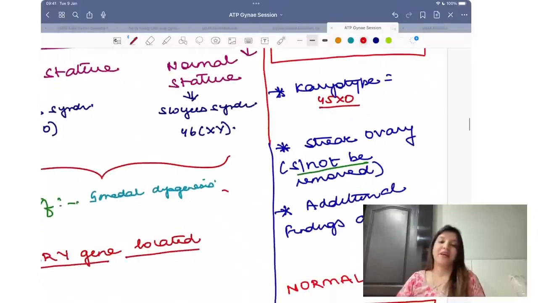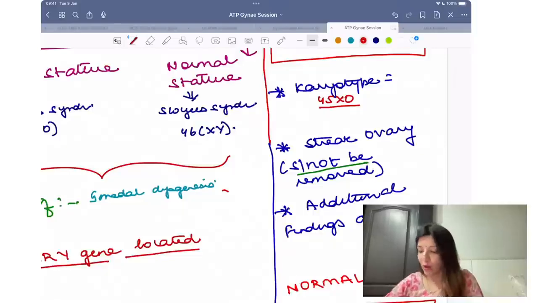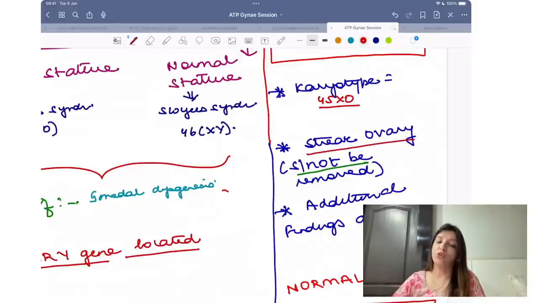Because the karyotype is 45XO, both X chromosomes are not present. Both X chromosomes are needed for proper development of the ovary. In Turner syndrome, because both X chromosomes are not present, the ovaries are not well developed, and that is what is called streak ovaries. Remember, streak ovaries should not be removed.